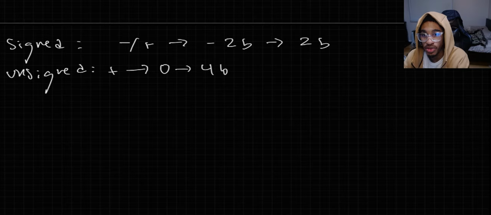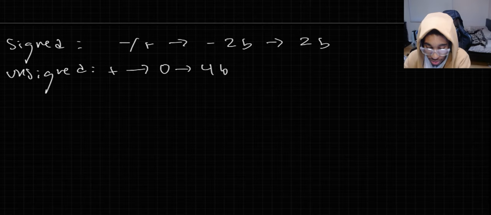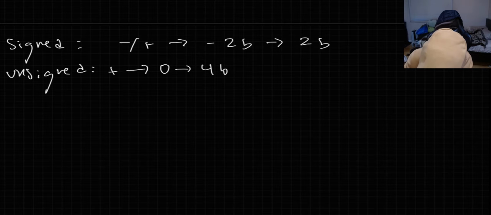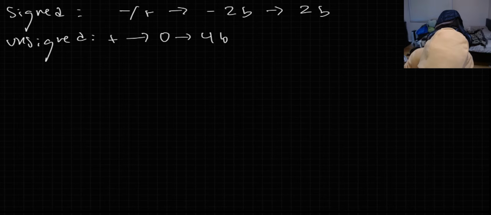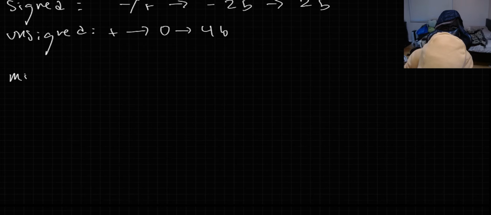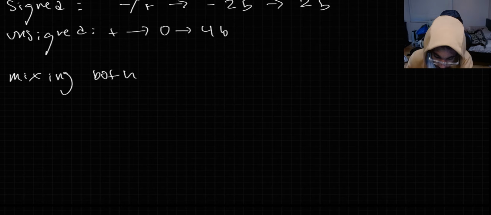But some of the behaviors on what happens with these is implementation defined. So whatever happens on your system, it might not happen on another system. That's a good thing to note. And for unsigned arithmetic, when you mix them, something funny happens.